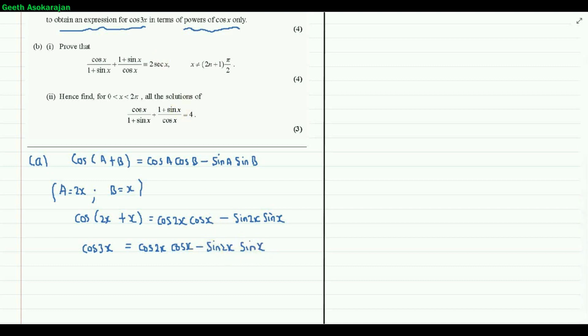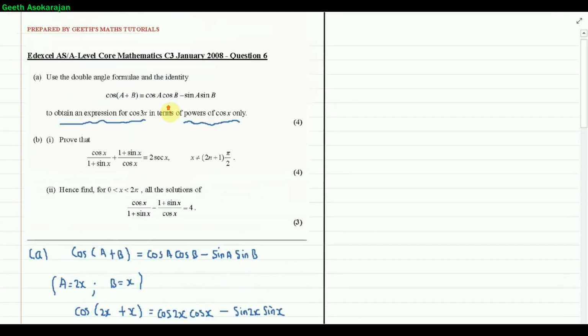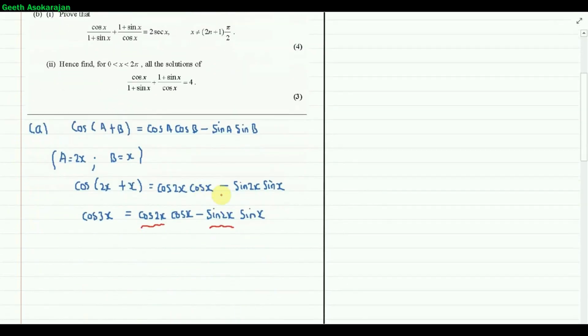Now if I pick up my red pen, we have an identity for cos 2x as well as sin 2x, so we need to apply identities here, especially when the question says write our answer in terms of powers of cos x only.